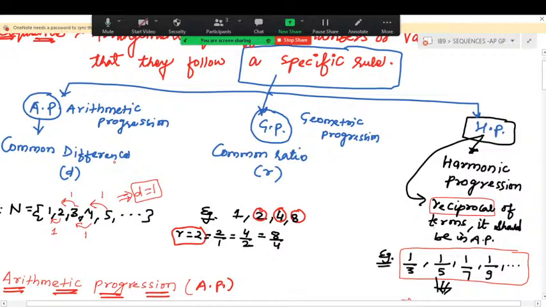If a sequence is arranged in such a way that the common difference is the same, you will call it AP, and if the common ratios are the same, you will call it GP.